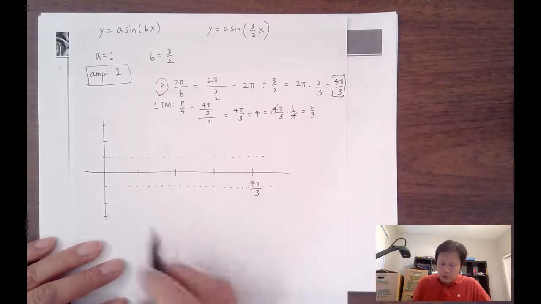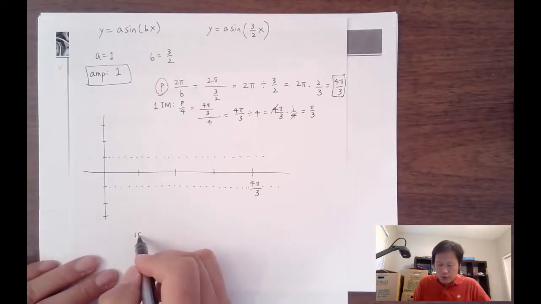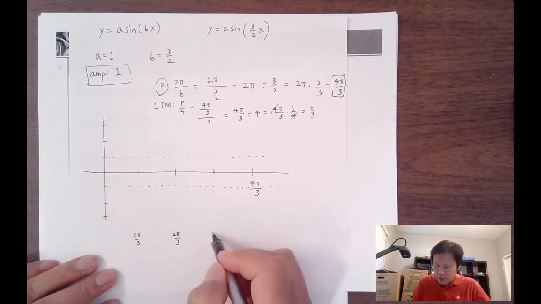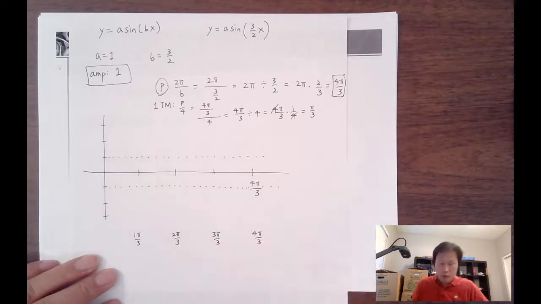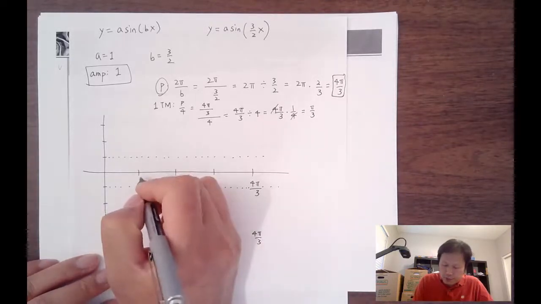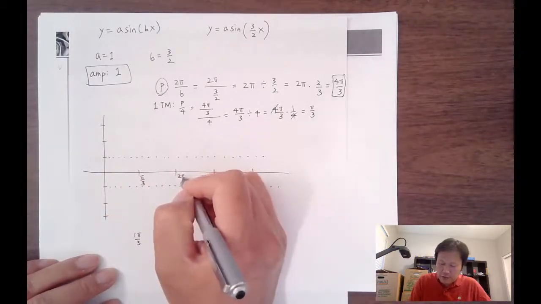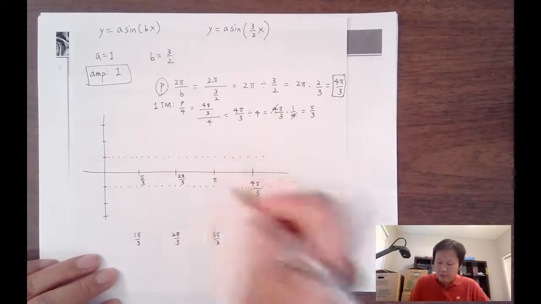So if this is easier, you can do 1 pi third, 2 pi third, 3 pi third, 4 pi third. 1 pi third is pi third, there's nothing you can do. 2 pi third you cannot simplify. 3 pi third is pi. 4 pi third is the same.